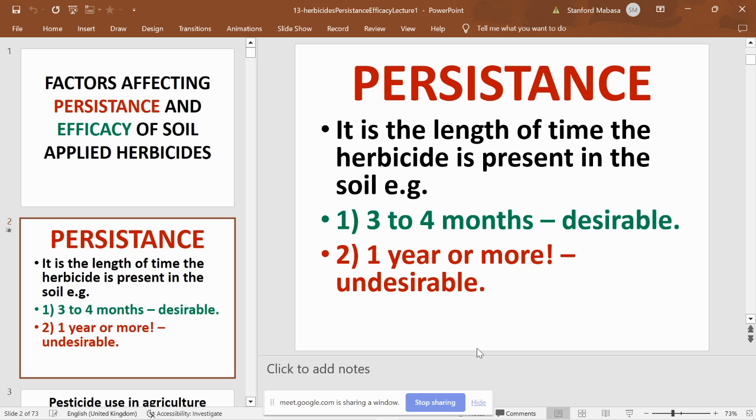And indeed, when we are talking about soil applied herbicides, in most cases we do pay attention to how long they stay within the environment. We want to know whether this herbicide may affect crop rotations.